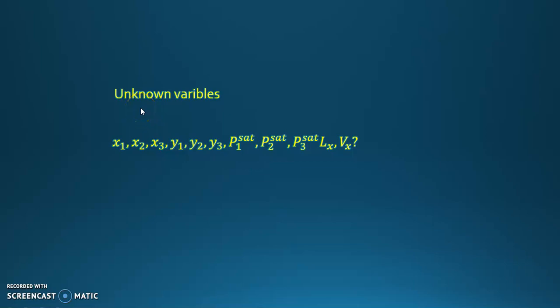So the unknown variables are the following. We don't know the mole fractions for the liquid phase, nor for the vapor phase. We don't have the saturation pressures, and we need to know the total liquid fraction and vapor fraction. So those are the 11 unknown variables that we need to find.